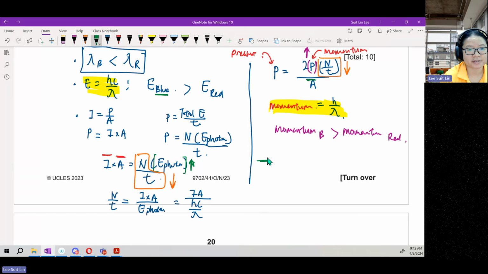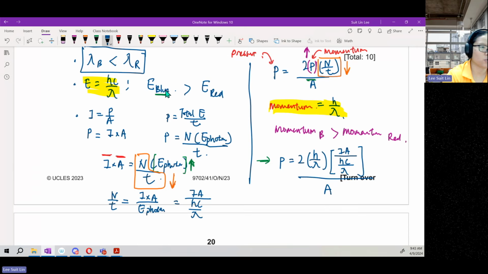Pressure is equal to 2 times momentum, which is h over lambda, times n over t, which is IA over hc over lambda, divided by A. My whole point of doing this is to show you that the hc over lambda and the h over lambda will cancel.